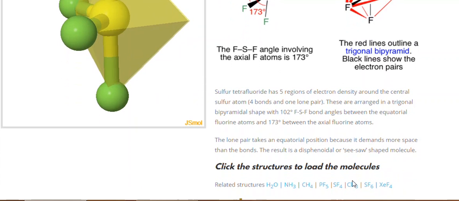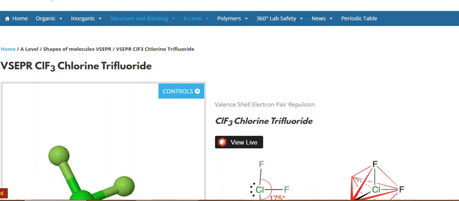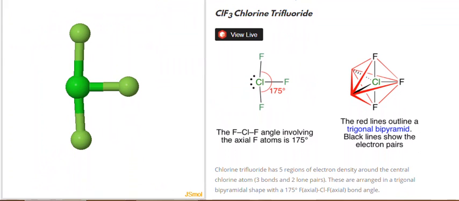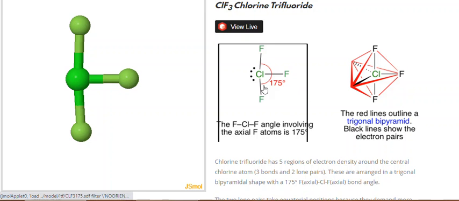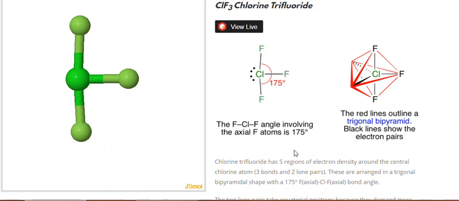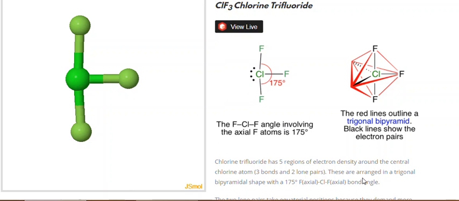Let us look at the next molecule, chlorine trifluoride. The fluorine-chlorine-fluorine angle involving the axial fluorines is 175 degrees. Chlorine trifluoride has 5 regions of electron density around the central chlorine atom: 3 bonded and 2 lone pairs. These are arranged in a trigonal bipyramid shape with a 175 degree bond angle between the axial fluorines.